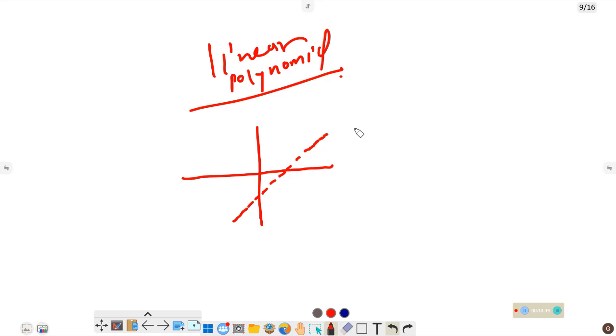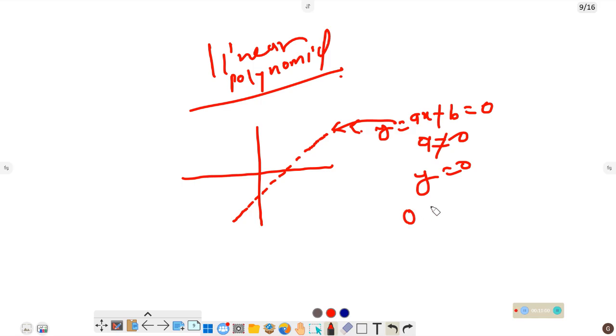This is a linear polynomial, and its expression is ax plus b equal to 0, a not equal to 0. When we put y equal to 0, we get the equation 0 equal to ax plus b, and we solve it and get the value of x.